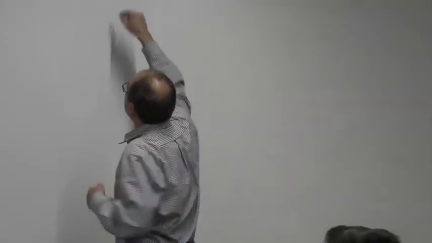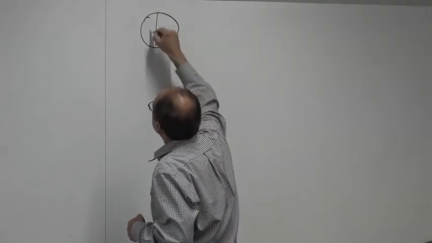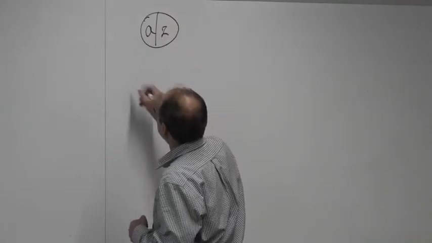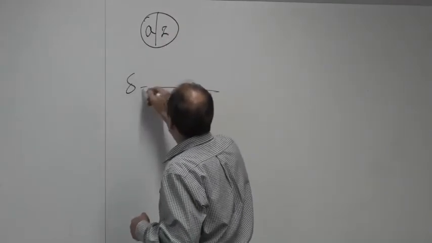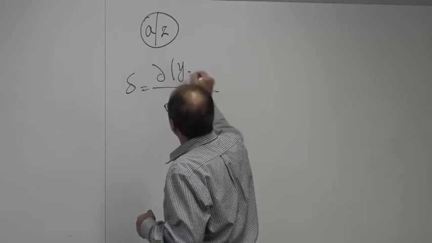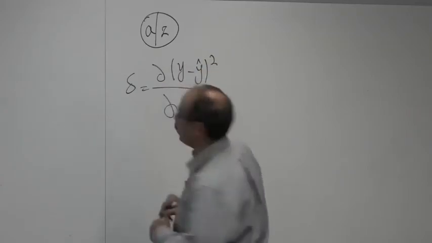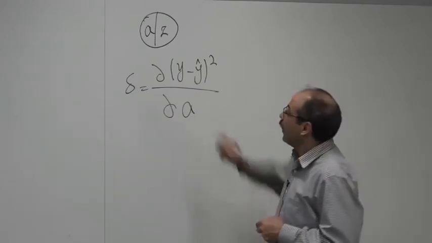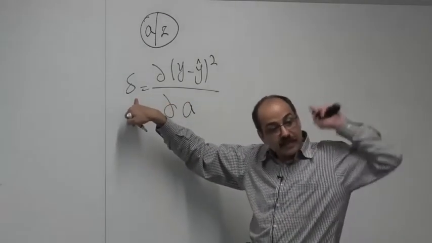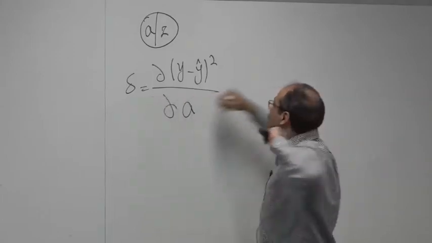A perceptron has this part A and Z, and delta is the derivative of y minus y hat with respect to A. That's the definition of delta. Now I'm going to compute delta for the last layer.